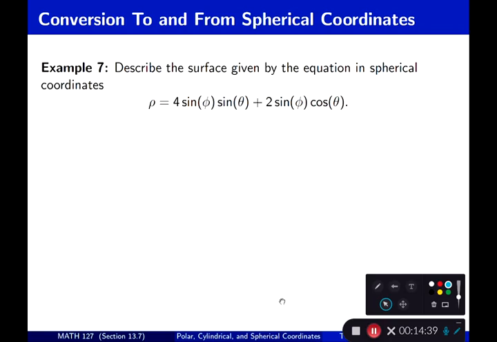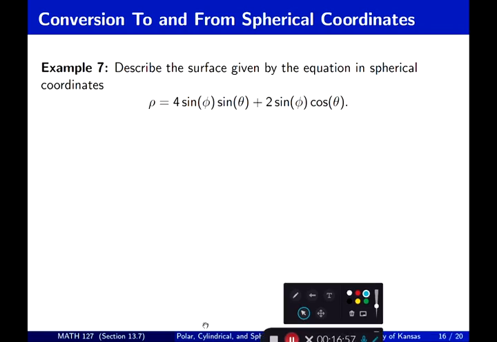Example 7, describe the surface. This is an example of conversion to and from spherical coordinates. It's asking to describe the surface given by the equation in spherical coordinates. Now, I'm looking at this. The rho is going to be kind of messy.